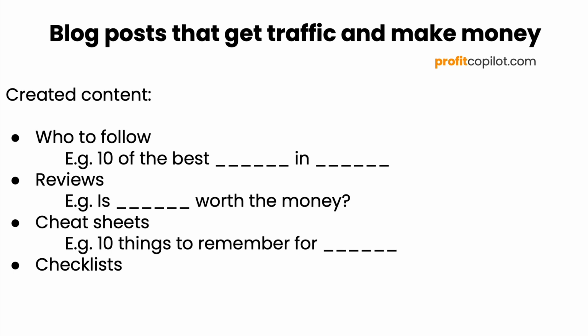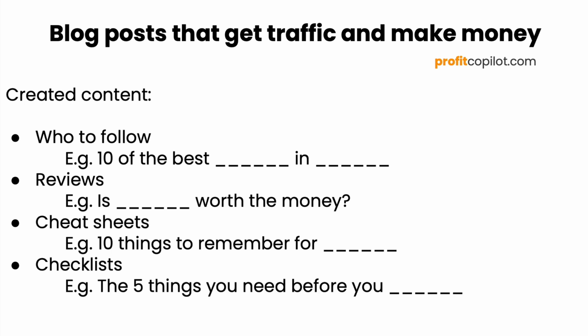Kind of similar to cheat sheets, but here you're going to tell them maybe the 5 things that they need to get before they do something. And cheat sheets and checklists are really good lead magnets too. So you can repurpose that piece of content into a lead magnet and use it to build your email list.